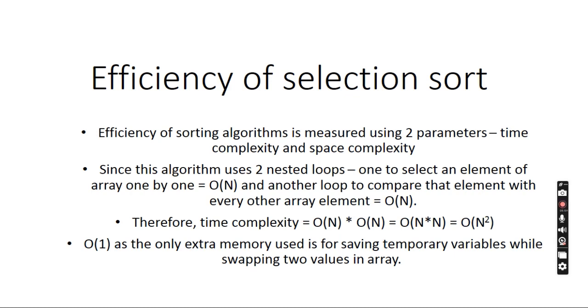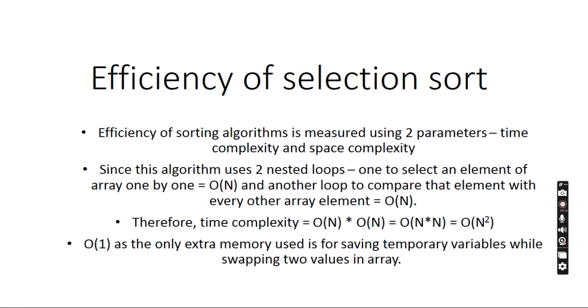The second variable we had to store is the minimum number in the rest of the array. So we needed just 2 extra variables to store these 2 values. Therefore, the space complexity turns out to be just O(1).